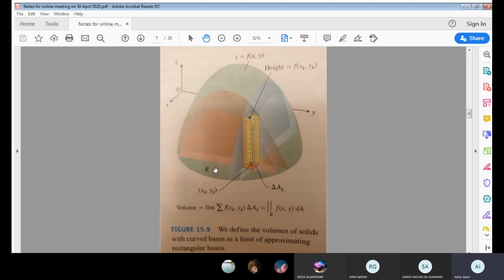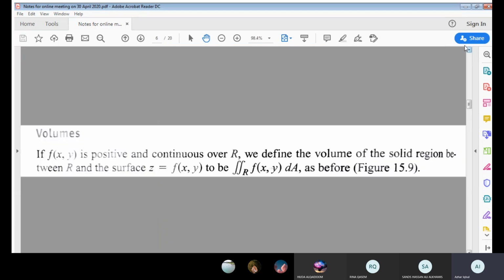Here we are having a region like this, you can say an ellipse or a circle in the xy plane. And this is the function here, z is equal to f of xy. So this is a surface in 3 dimensions over some region in the xy plane which is non-rectangular. This is the situation we are looking into.